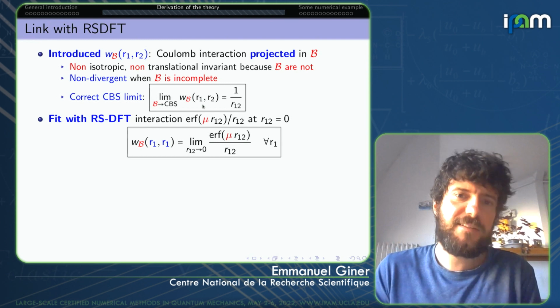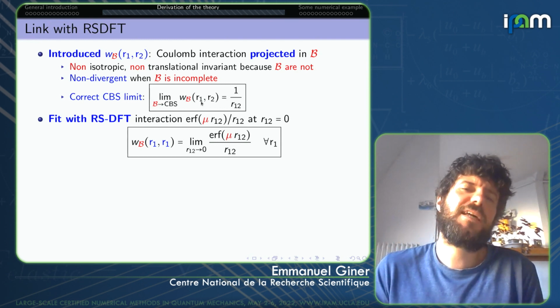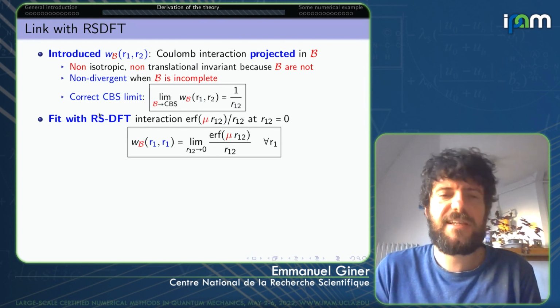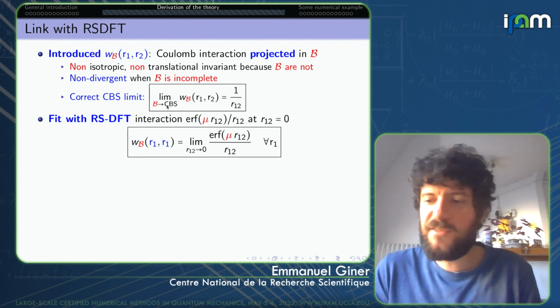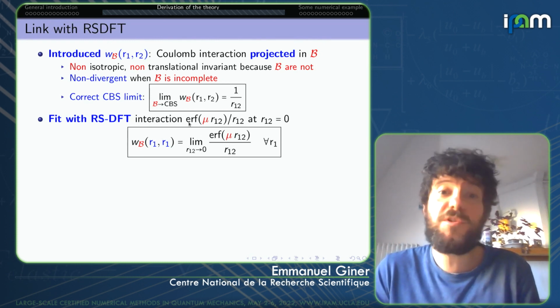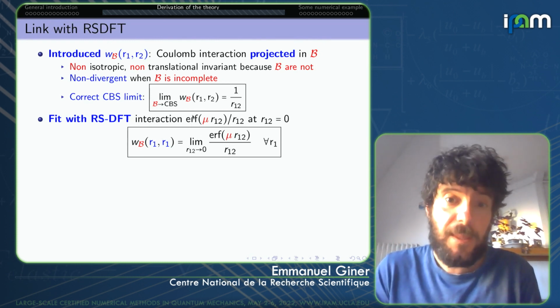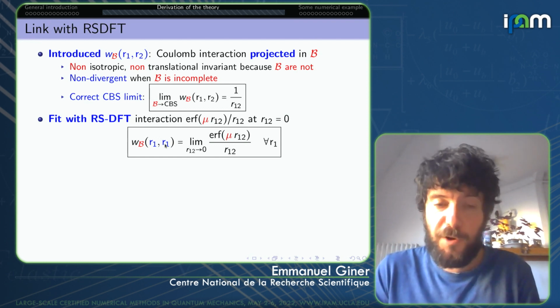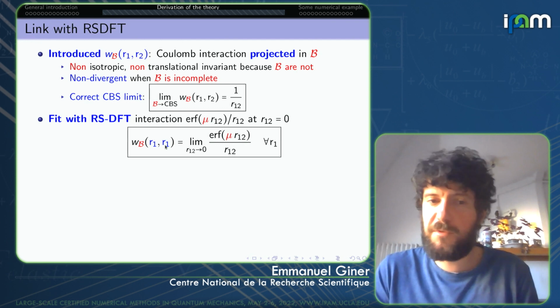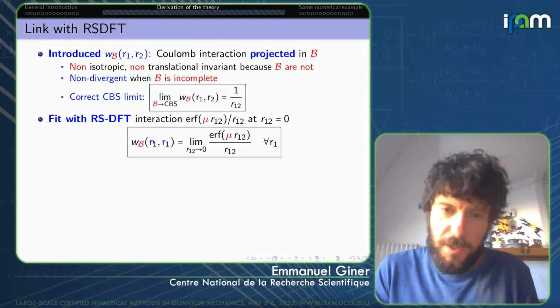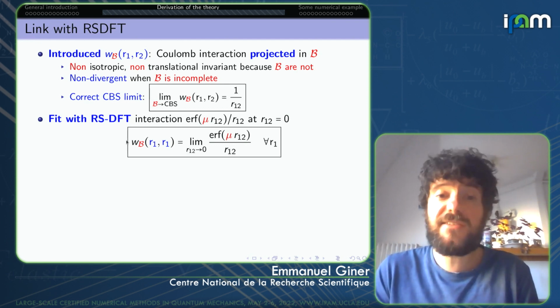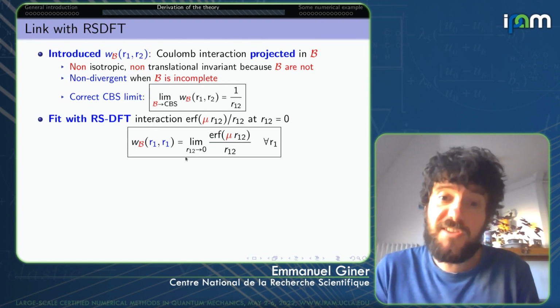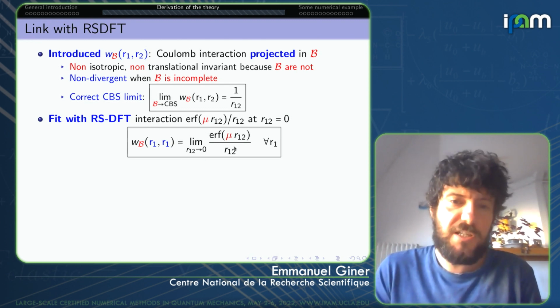And so what we did is to say, okay, we have this weird interaction that represents essentially our interaction in the basis set, but it's a complicated object. So we are going to fit this weird interaction with the long-range interaction that we use in range-separated DFT. We are going to require that at the coalescence point, so when R12 goes to 0, for each point R1, this weird interaction coincides with the long-range interaction.